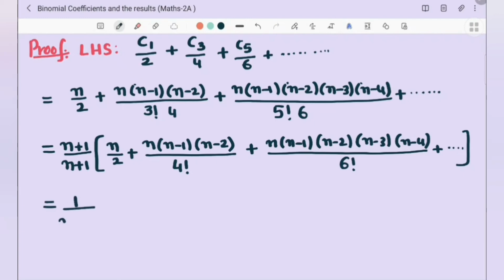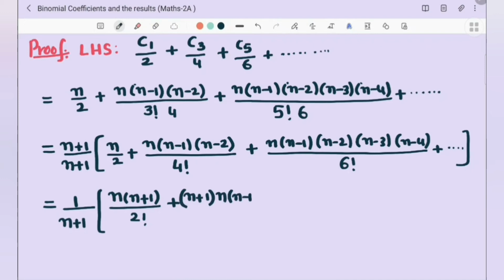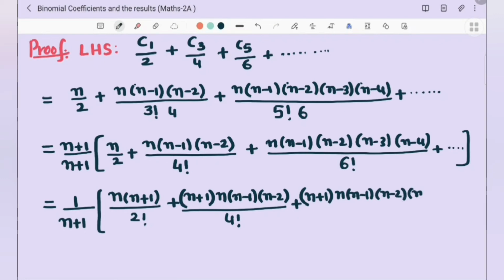So 1 by n plus 1 into n into n plus 1 divided by 2 can be written as 2 factorial, plus n plus 1 into n minus 1 into n minus 2 by 4 factorial, plus n plus 1 into n minus 1 into n minus 2 into n minus 3 into n minus 4 by 6 factorial plus and so on.